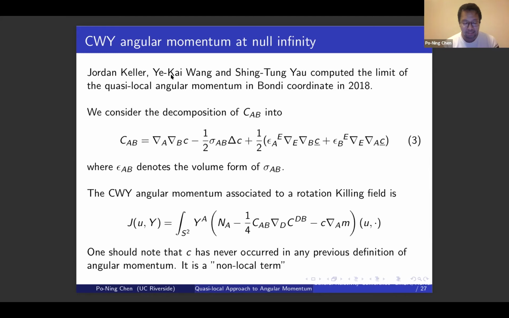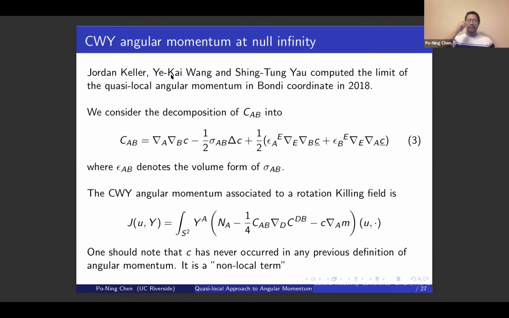So C_AB is symmetric traceless, so you have 2 dimensions, and these 2 dimensions come from a traceless Hessian and a part which is dual to that, C and C bar. Okay. So indeed, after a fairly long computation, it turns out that the limit of the quasilocal angular momentum had just one single correction term to the Dray-Streubel definition, which is C times gradient of n, and then you contract that with your rotation Killing field.